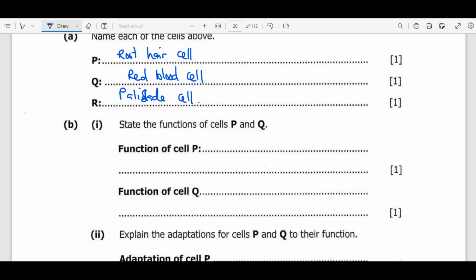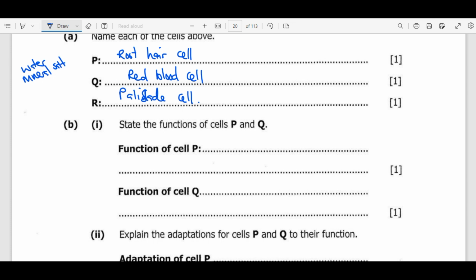State the function of cells P and Q. P, which is the root hair cell, is found in the roots. It helps to absorb substances such as water and mineral salts, which are needed by a plant.